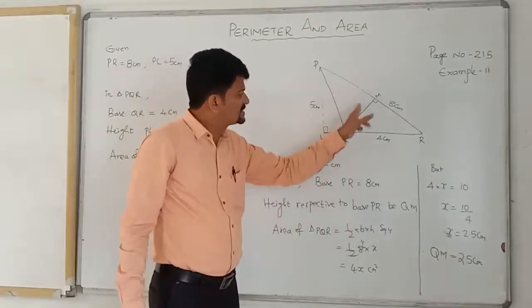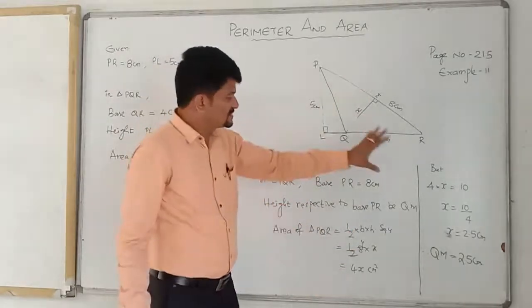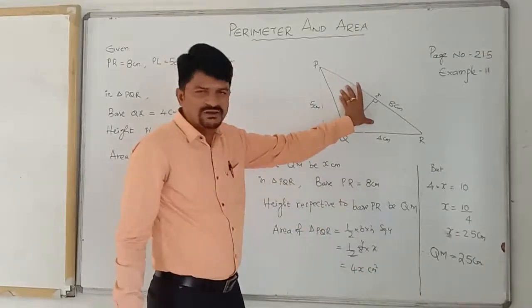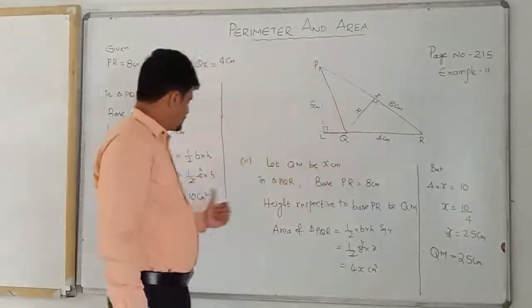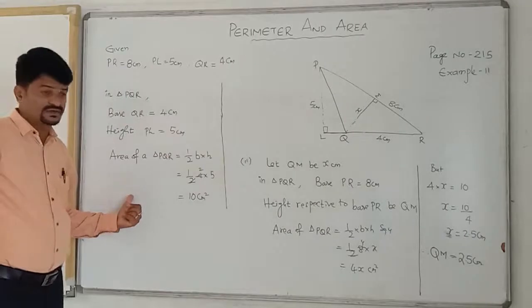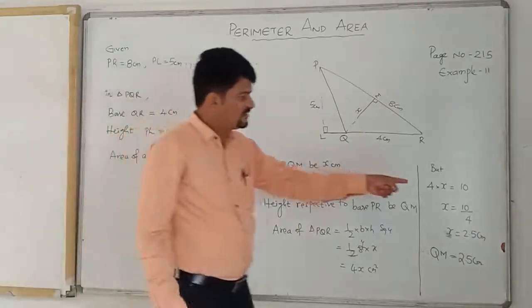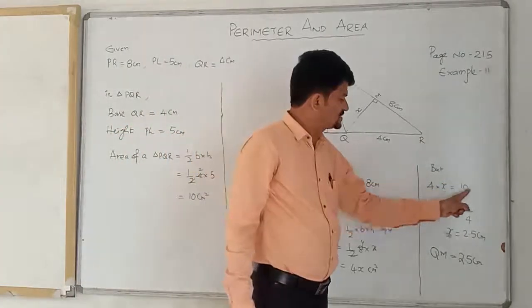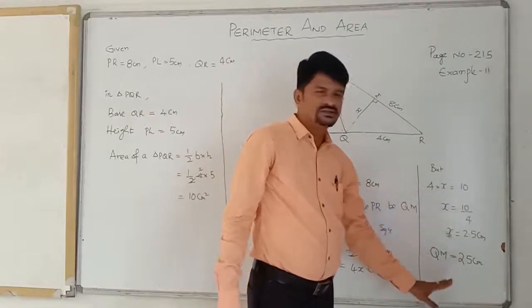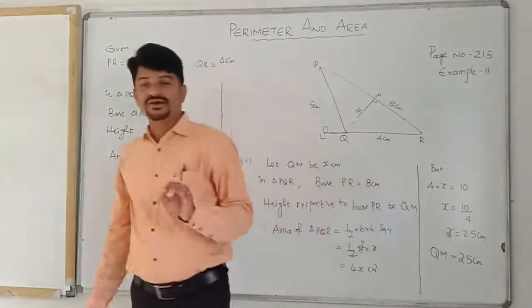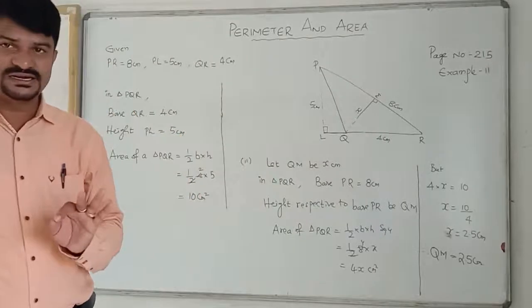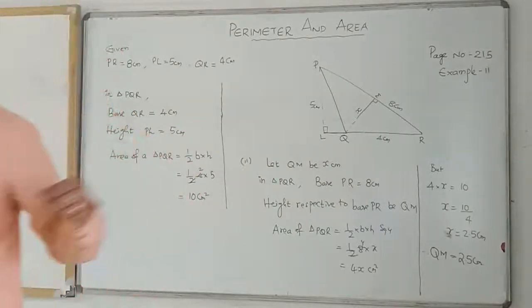So by using base and height we got 4x. But this 4x is the area of the same triangle PQR. Previously we found that the area of PQR is 10, that is why we have equated those two values. 4 into x is equal to 10, then x is equal to this. Therefore, the length QM is equal to 2.5 centimeters. Clear, children? Write it all of you.